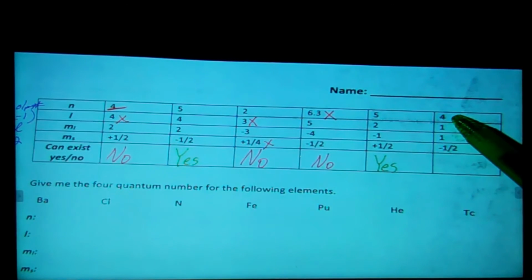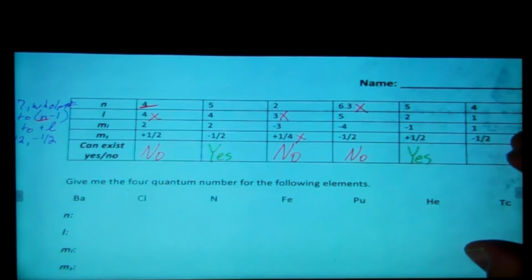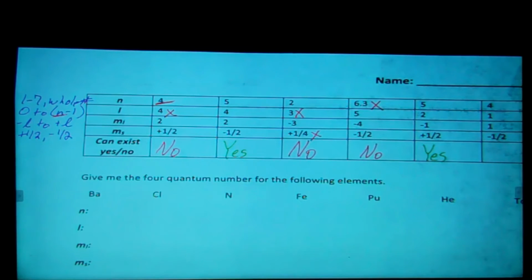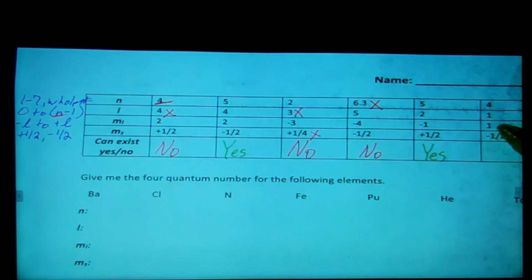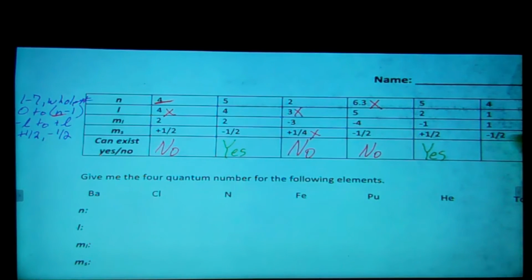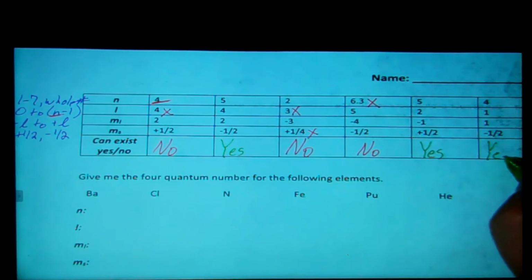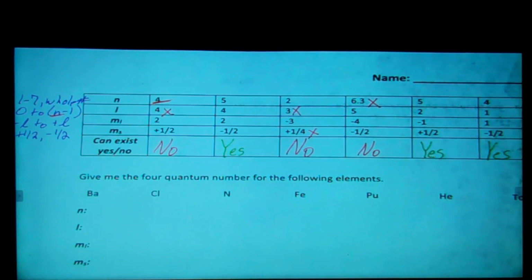Can n be 4? Yes, that's between 1 and 7 and is a whole number. If n is 4, can L be 1? Yes, because that falls between 0 and n minus 1. With n being 4, 4 minus 1 is 3, so 0 to 3, and 1 falls in that range. If L is 1, can m sub L be 1? Yes. And can the spin quantum number be negative 1/2? Yes. These sets of quantum numbers can exist.